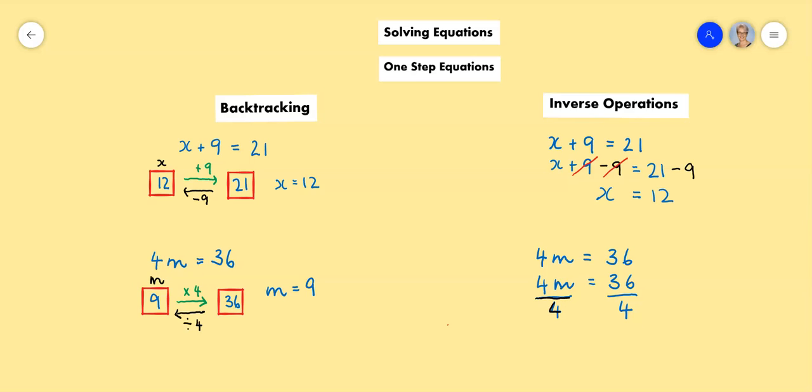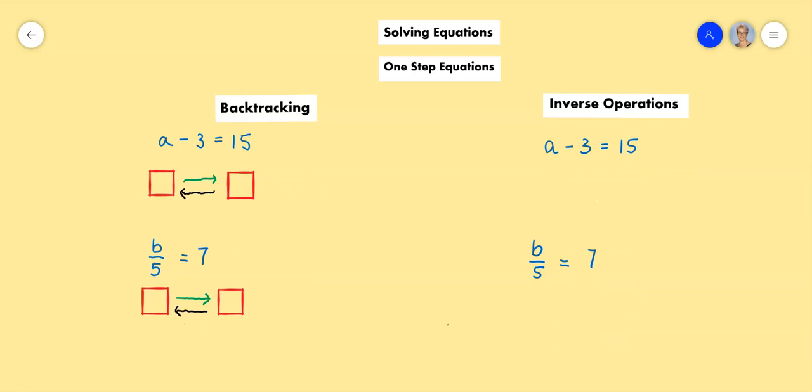Now, when we say divide by 4, in algebra, we normally show divided by with a line underneath the expression and then our number underneath that. So this 4 times m and divided by 4, they're going to cancel out so that I'm left with m is equal to 36 divided by 4, which gives us 9. And there is our same answer.